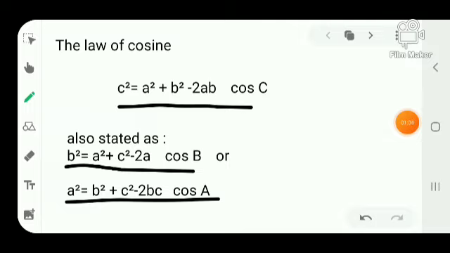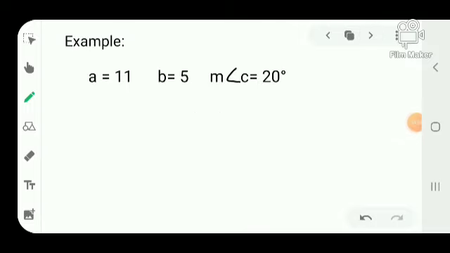So let's have an example. Given a is equal to 11 and b is equal to 5, and the measure of angle C is equal to 20 degrees. First, we will draw the picture and label the sides.